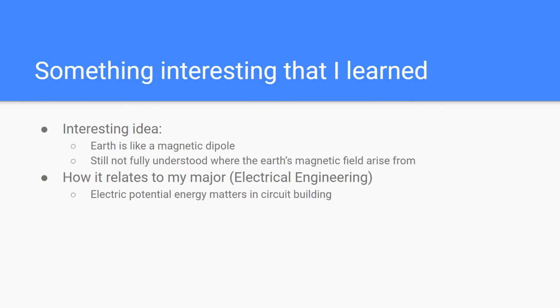And how this topic relates to my major, which is electrical engineering, is that electric potential energy matters a lot in circuit building. And I know that we use a voltmeter to measure the voltage, and that's the difference between the electric potential of the wire coming in and going out.